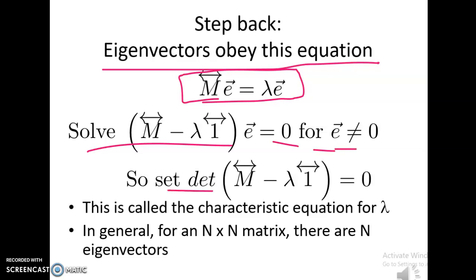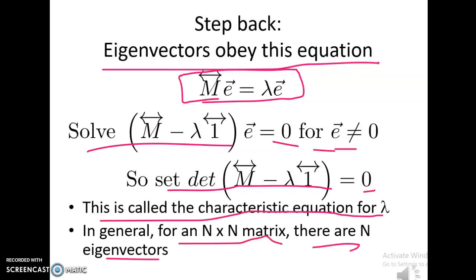So set the determinant of M minus lambda I equal to 0. This is called the characteristic equation for lambda. In general, for an n by n matrix, there are n eigenvectors.